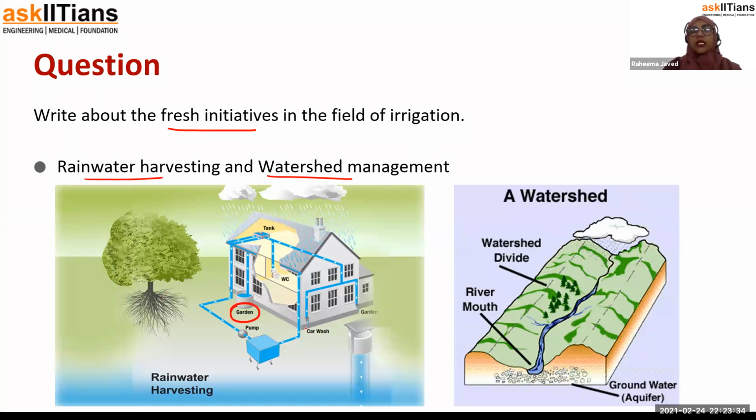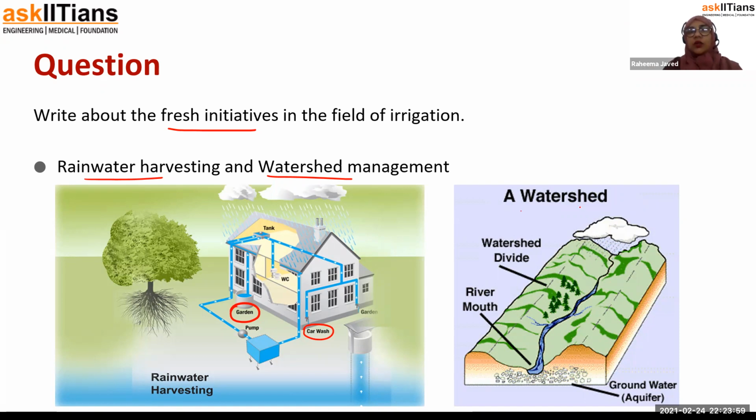For example, gardening, or it can also be used for car washing or many other purposes. So in this way, the water that is falling on the roofs of the houses or any other building like the schools, the offices, the colleges, etc., will not get wasted, and it is a very good way to save water.